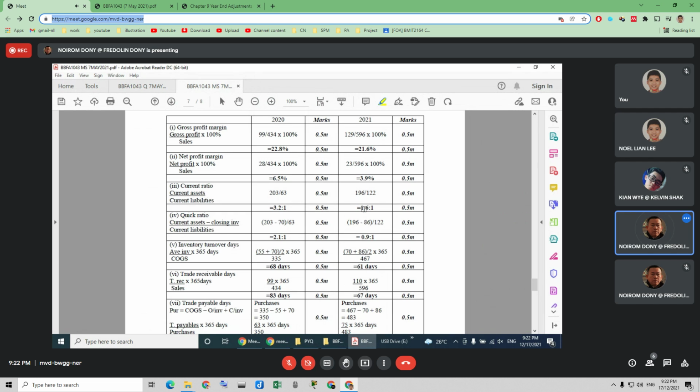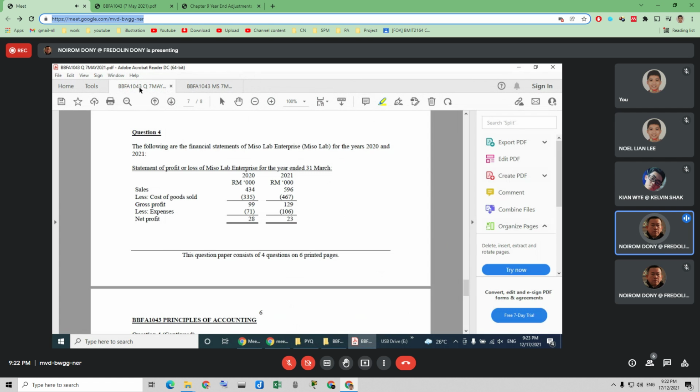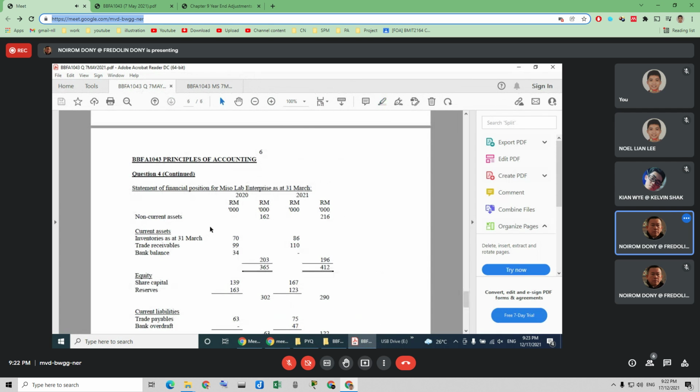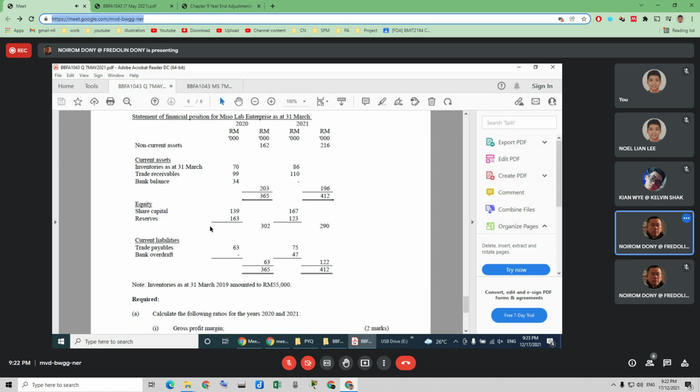Then probably you can look at the components of the current asset and current liability, to see what are the significant changes there. In 2020 they don't have any bank overdraft, but suddenly during the current year they have 47. So probably it is due to that. Unusual, isn't it? So you put it into your answer.